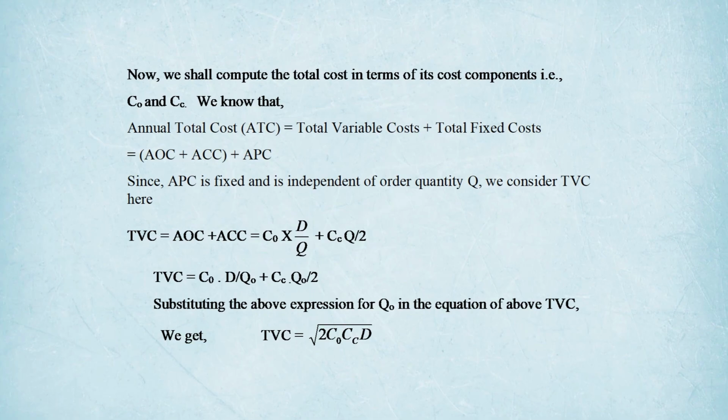Putting the values in again, we get the total variable cost as the square root of 2 C0 C into demand. At this order quantity only the variable cost differs, the fixed cost is constant. So we get a minimum cost, and this will decide the profit.